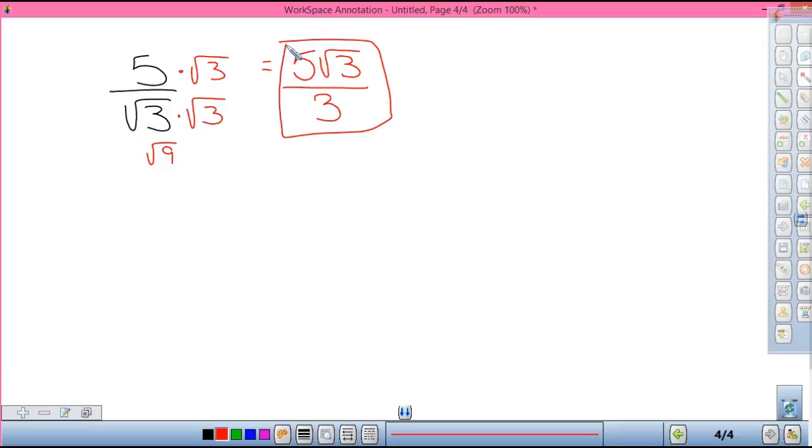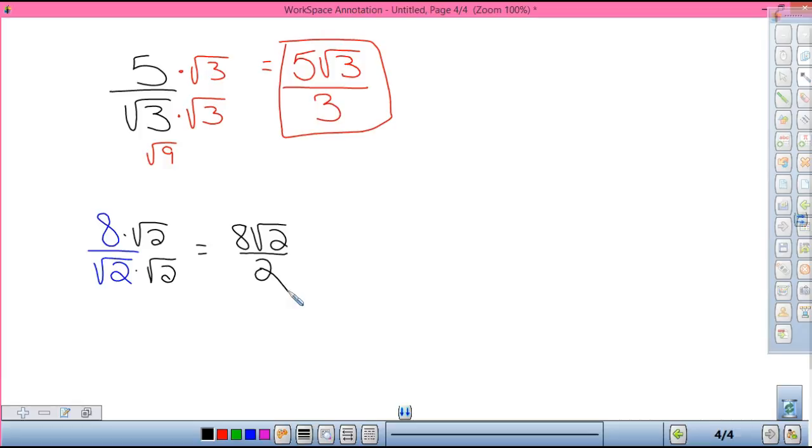If I've got 8 divided by the square root of 2, how are we going to get it out of the denominator? Multiply both the top and the bottom by the square root of 2. So on the top I get 8 root 2 over 2.